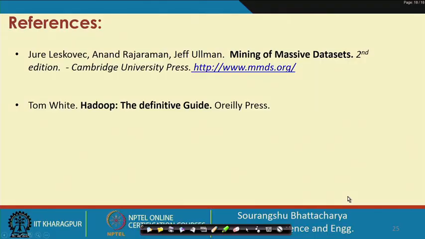We have also discussed some of the internal algorithms like the write pipelining algorithm. The references for this are Hadoop: The Definitive Guide by Tom White, and Mining of Massive Datasets by Jure Leskovec.